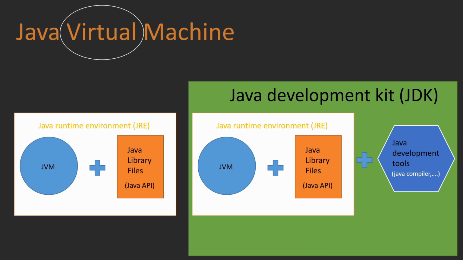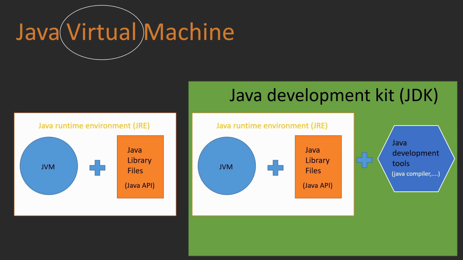So to summarize, the Java platform is the environment that can run Java apps, and it has two versions. Depending on whether you are a user that will only run Java apps, you will need the Java Runtime Environment, or for short JRE, that will take the already compiled Java file, also called the bytecode file, and run it through the Java Virtual Machine using the Java library files.